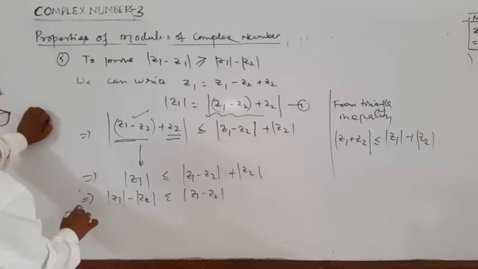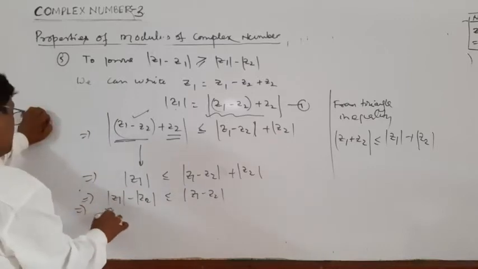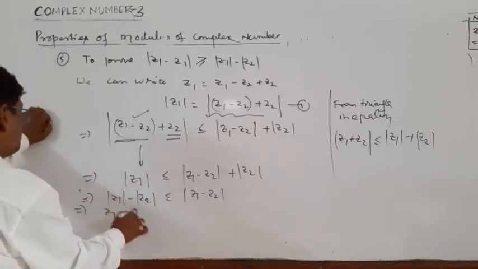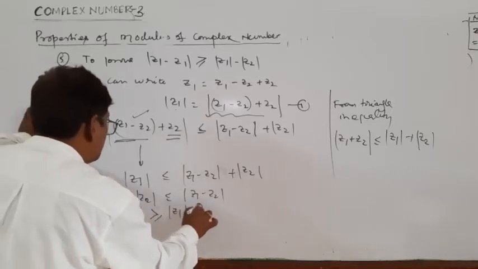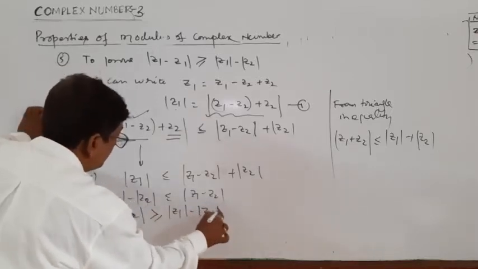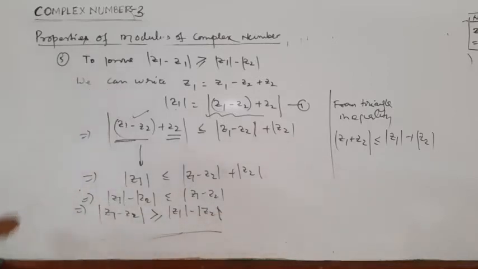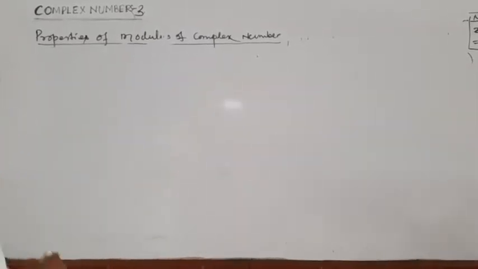Now reversing it, mod of Z1 minus Z2 is greater than or equal to mod of Z1 minus mod of Z2. This is the proof of property number 5. Now proof of property number 6.